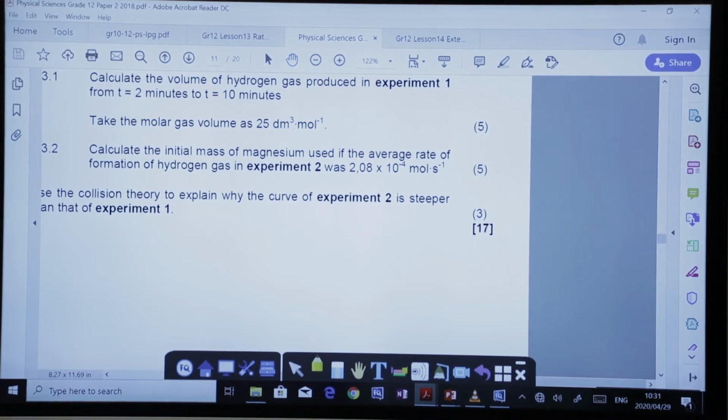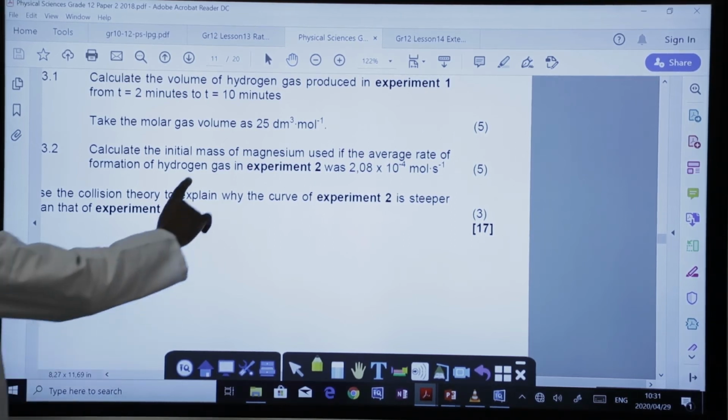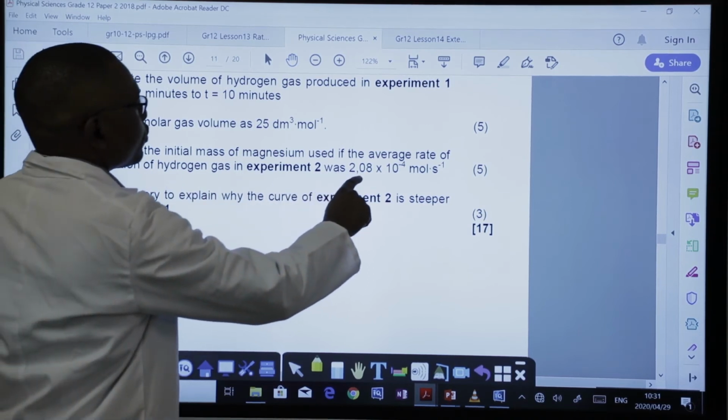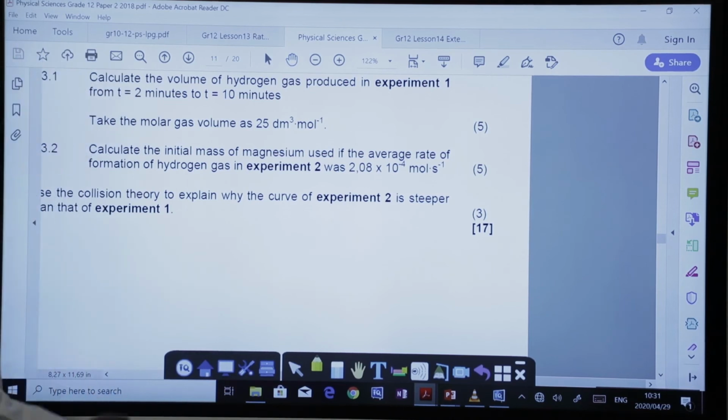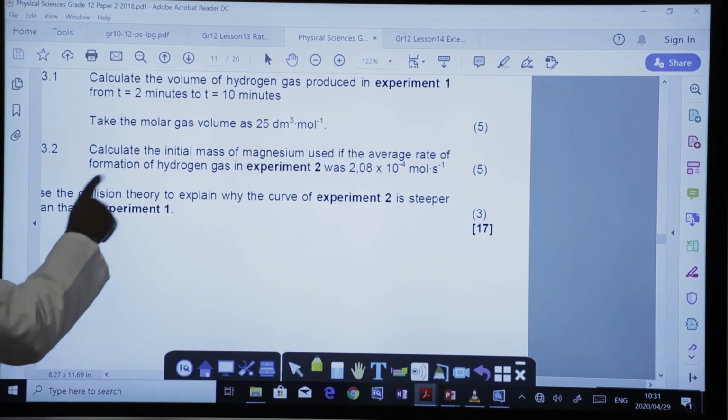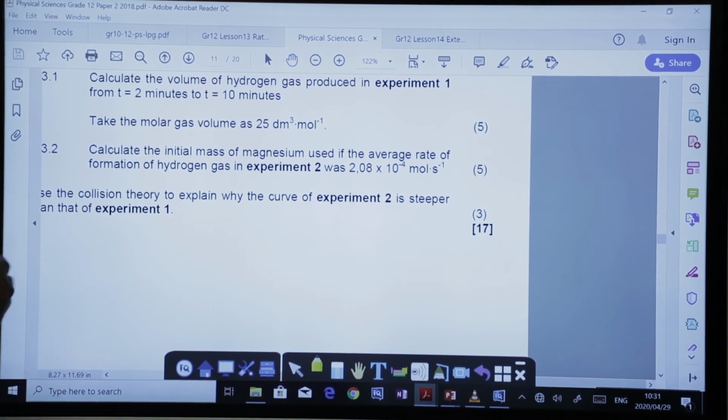So you are told that the average rate here is 2.08 times 10 to the power minus 4 moles per second. And you want to determine the initial mass of magnesium used in the experiment. So this is a very simple and straightforward manipulation we can do here.